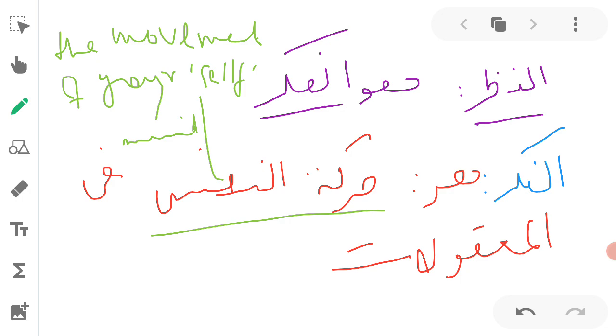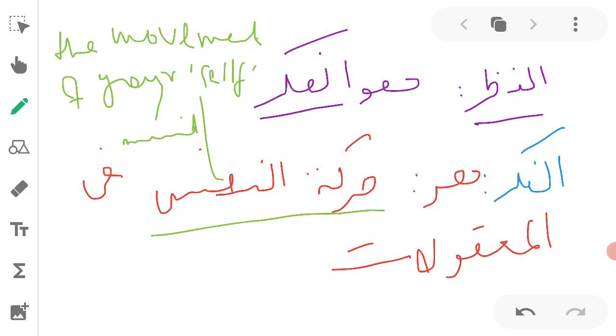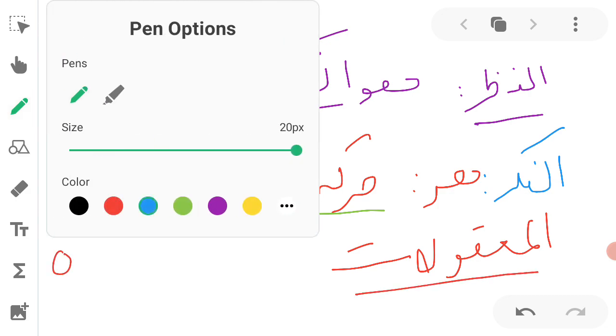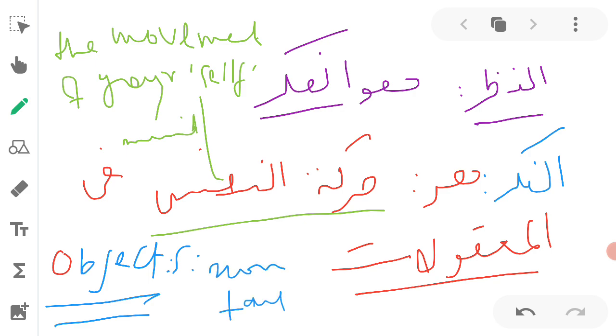So it's a movement of your mind, but a particular type of movement, a movement whose objects are ma'qulat, that is non-tangible things, let's say that.